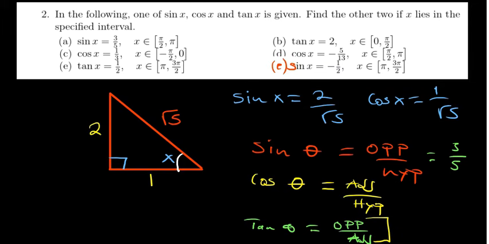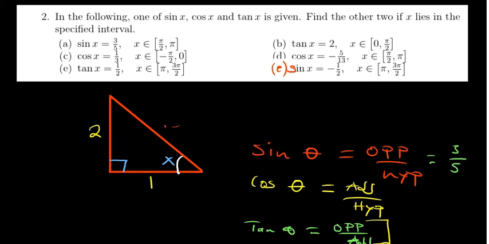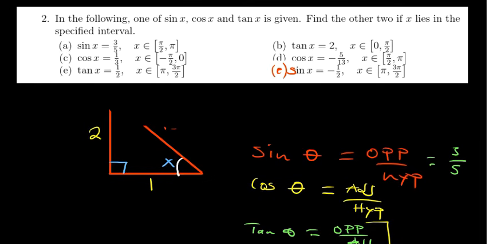Pretty much there's nothing complicated about this. I don't even know the point of giving us the domain, because we're not finding the values of x, so it will still be easy.